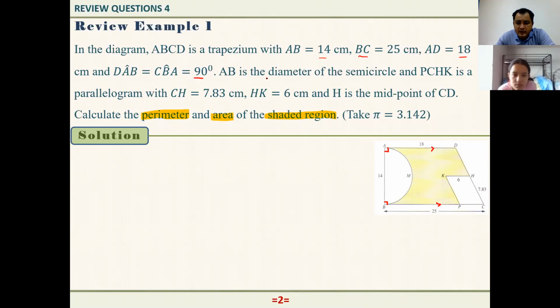Okay, we got it. AB is a diameter of the semicircle. Here, AB. So immediately I can just write here, AB is equal to diameter. What is diameter? 2 times radius. That is equal to 14. Now from here, we can evaluate the radius of the circle, right? 2 times r equals 14. What is r?